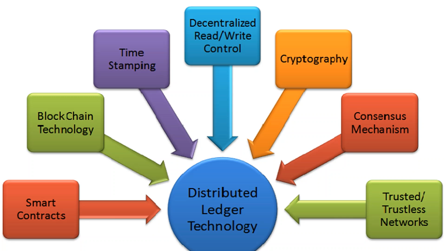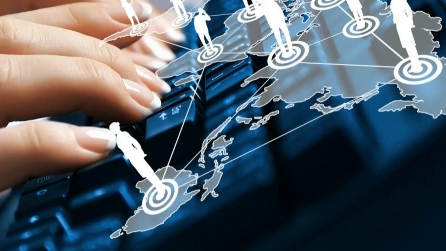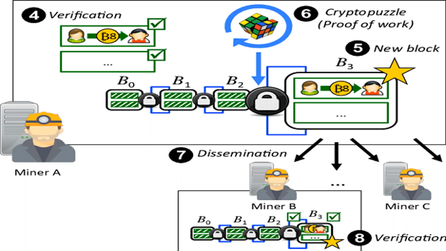There are two users in DLT: transactional users and miners or blockchain operators, or you can say blockchain generators.